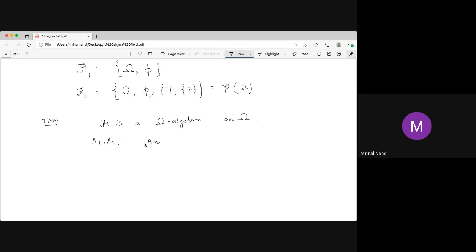I will give you one more example for the infinite case. Why is it so?